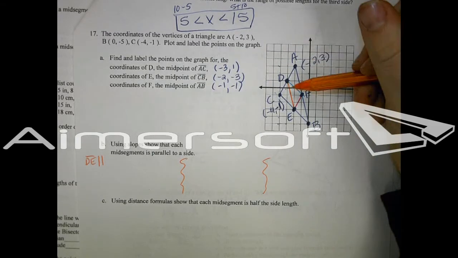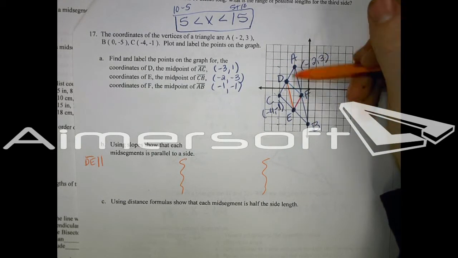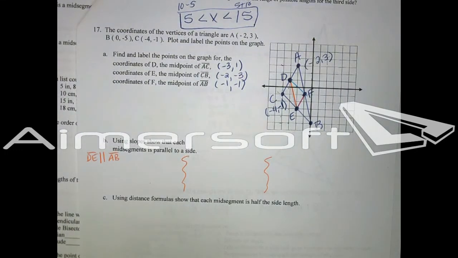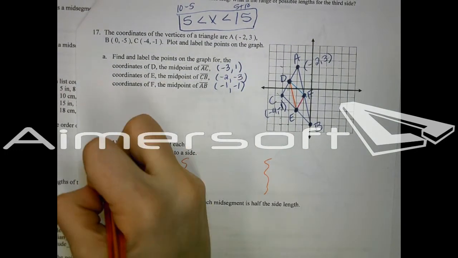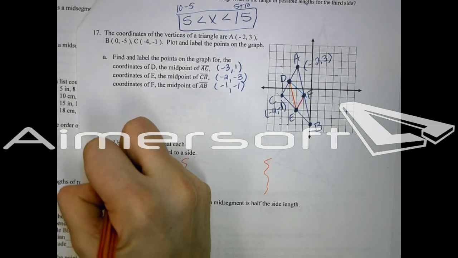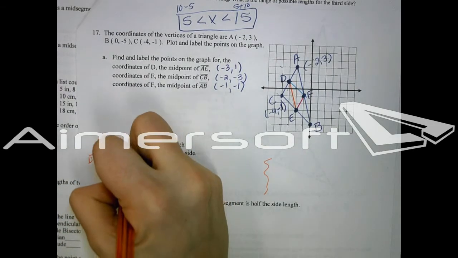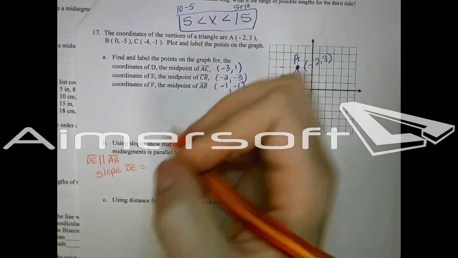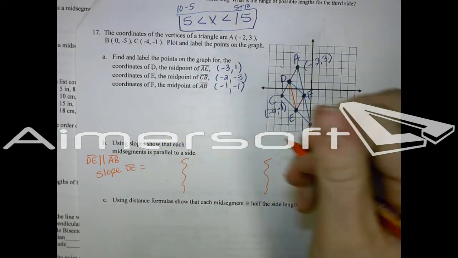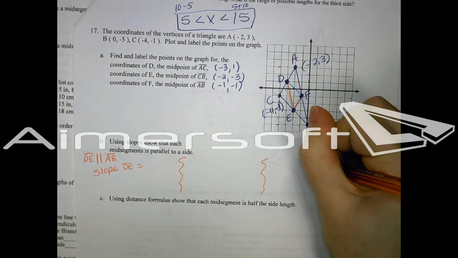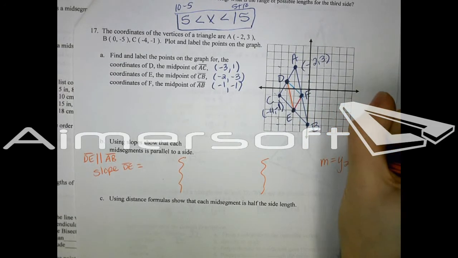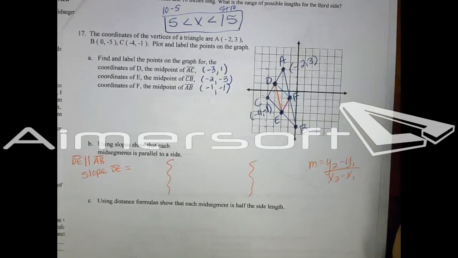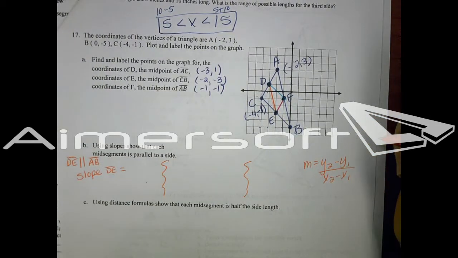DE and AB are going in the same direction, so those are the 2 I need to calculate the slope for. Slope of DE equals, I can use a slope formula, which is m equals y2 minus y1 over x2 minus x1. Or you can just count your rise over run.